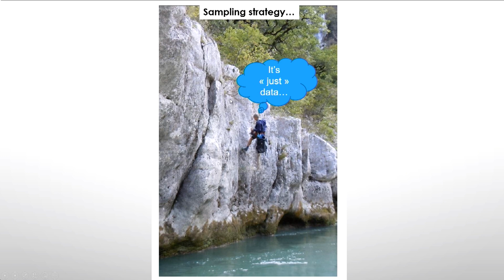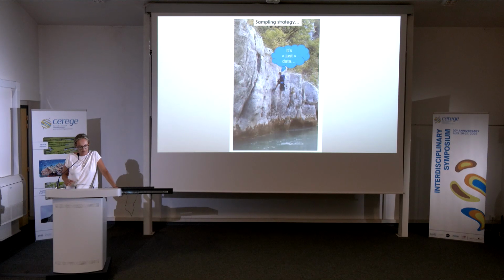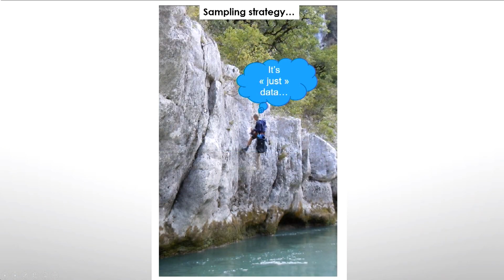Basically, you have to find a spot where you have a very nicely preserved river-incised cliff, and you have to take samples and measure the topographic shielding, and measure also the distance between the sample and the riverbed. So yeah, it's just data, but it's not so easy to get this data. And you also have to avoid places where the cliff has been degraded, for instance, by rockfalls, which occur sometimes.